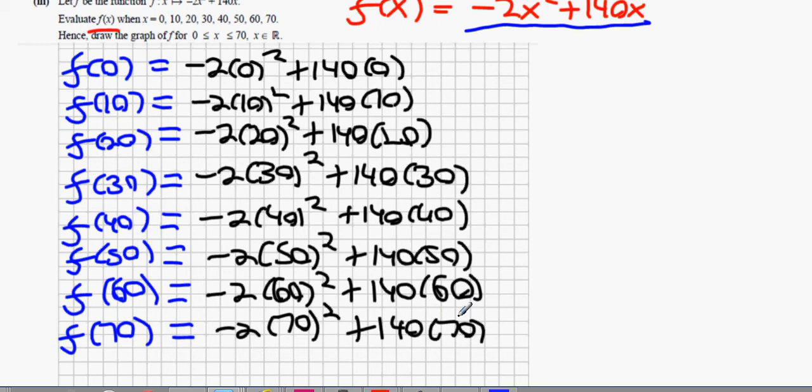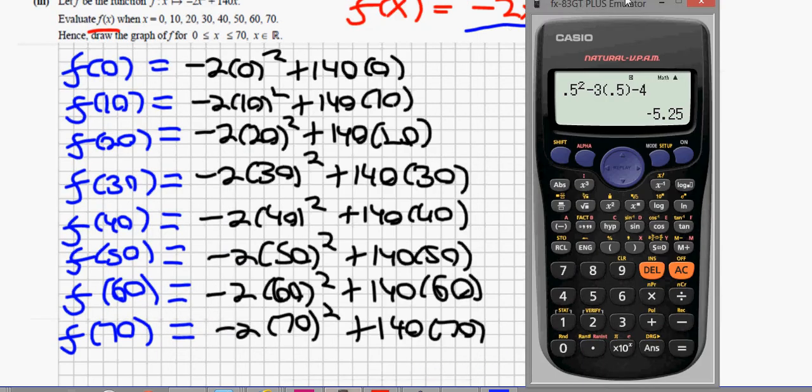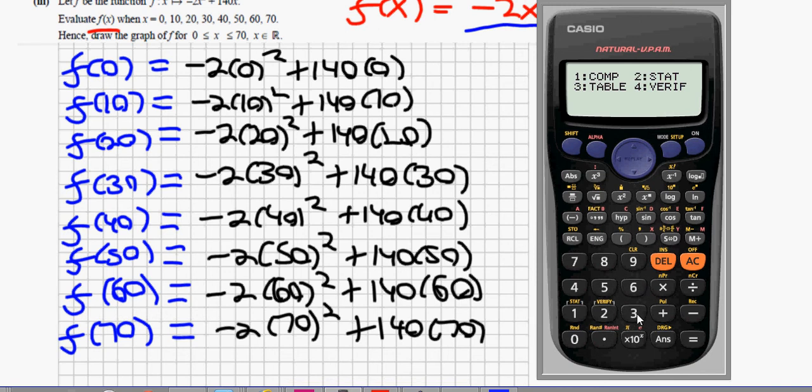So we're going to use the calculator here, go into mode and put in the table function. We're going to write down this table function here: minus 2 x squared plus 140x. The start is at 0, the end is 70, and we go up in steps of 10. And what we have here is our numbers.